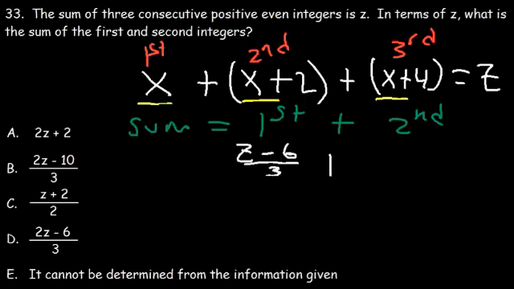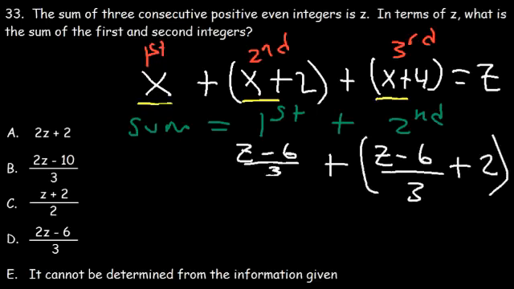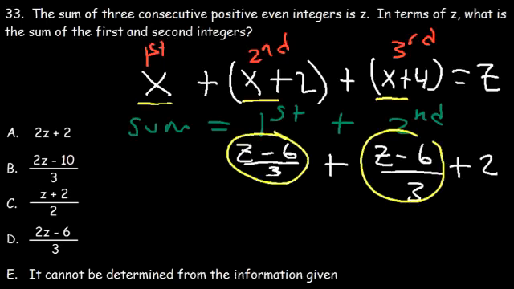And the second one is x plus 2, so z minus 6 over 3 plus 2. So this is for the second integer. So now we can add these two terms together. z plus z is 2z, and negative 6 plus negative 6 is negative 12 divided by 3.